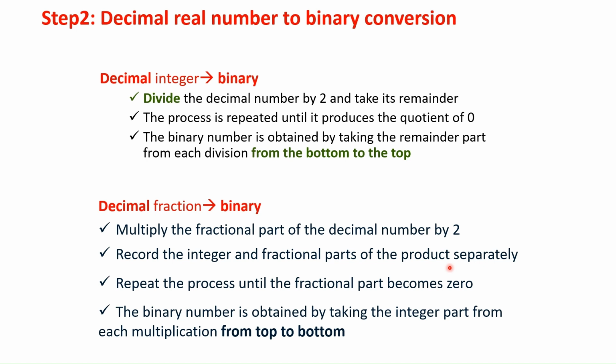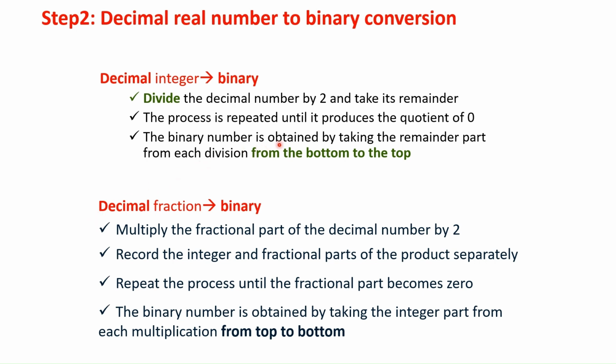So if we have to convert the decimal integer to binary, then we will divide the decimal number by 2 and take its remainder, and the process is repeated until it produces the quotient of 0. The binary number is obtained by taking the remainder part from each division from bottom to the top. So we must remember that we will be collecting the remainder from bottom to the top, and we are going to divide the number until the quotient becomes 0.